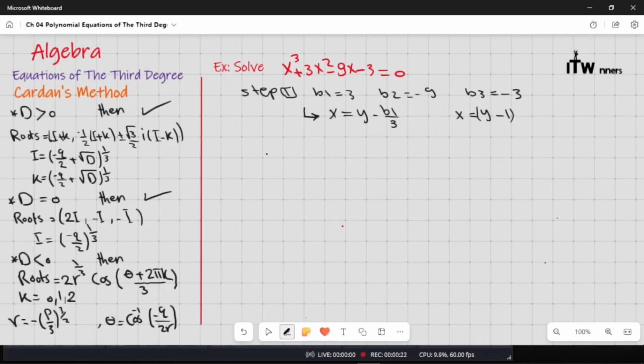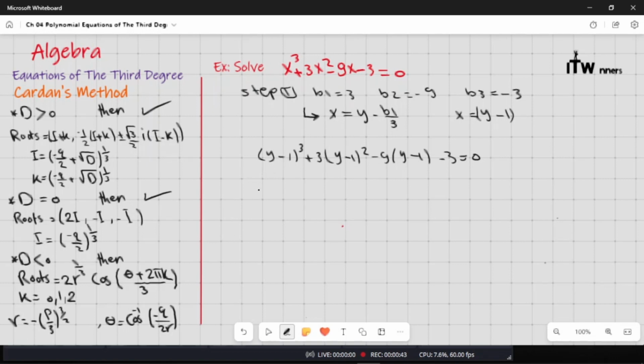Here we have cube of y minus 1 plus 3 times y minus 1 squared minus 9 times y minus 1, minus 3 equal to 0.